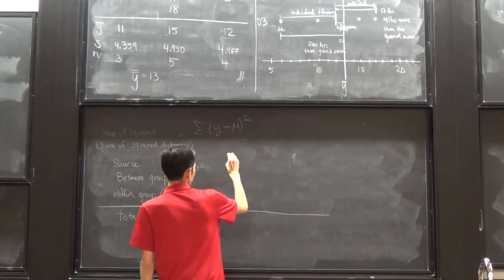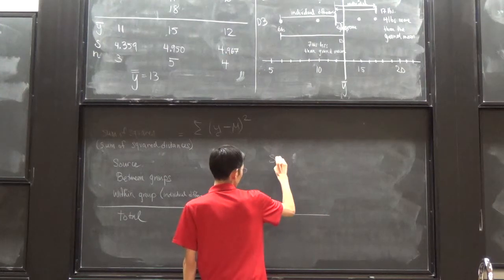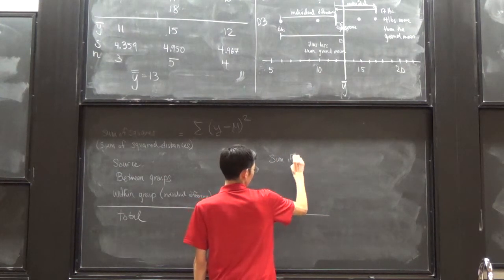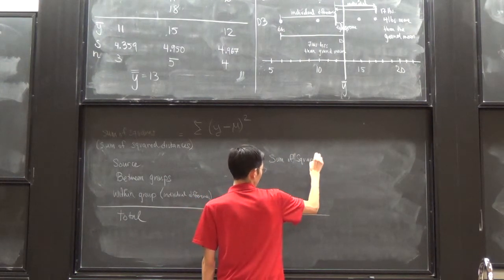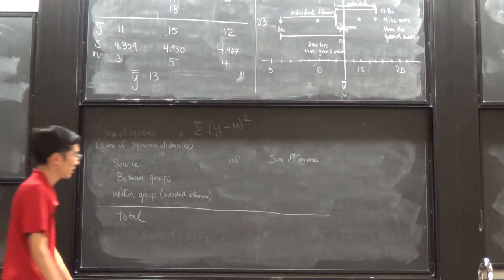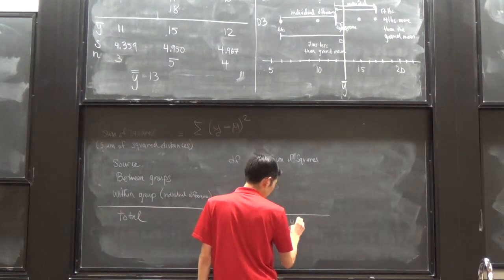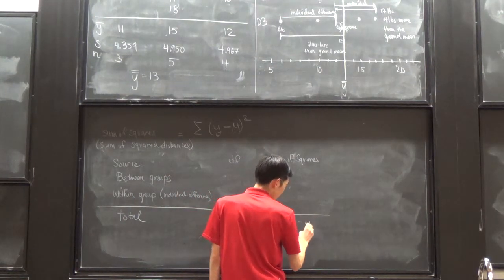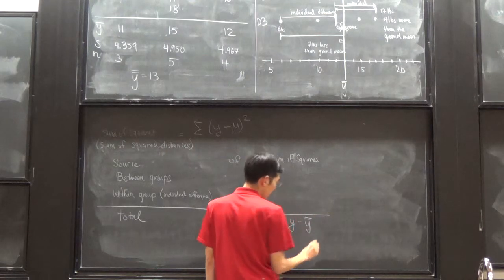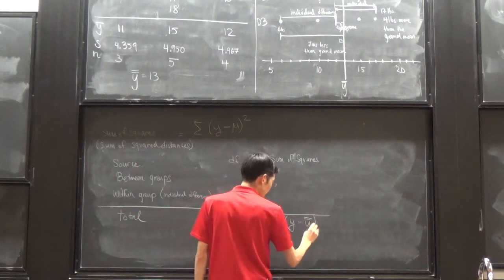I'm going to create a column called data, but we'll come back to that. So the total sum of squares is what we would get if we took each point y, subtracted off the grand mean, in this case y double bar, and squared it.